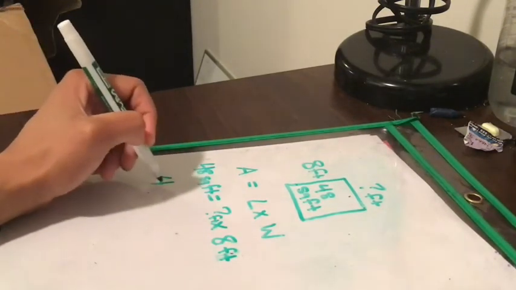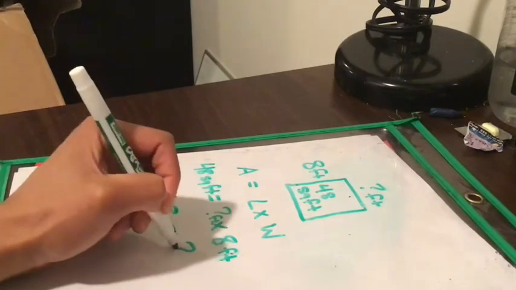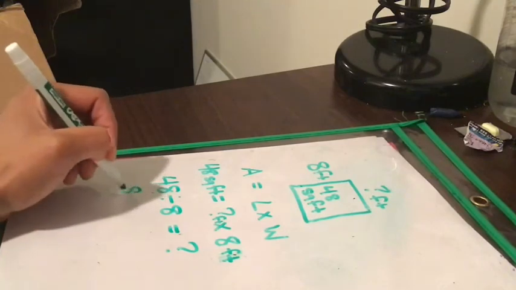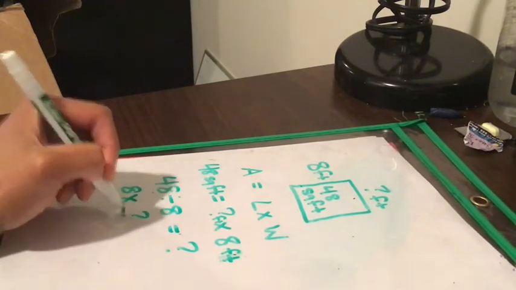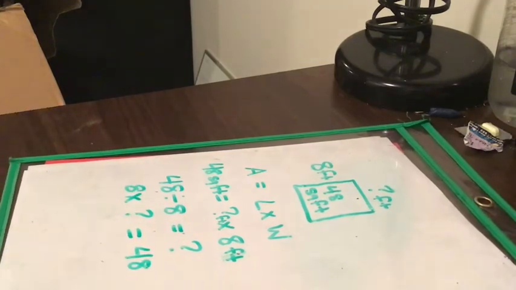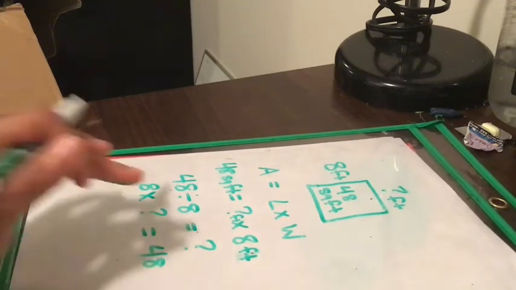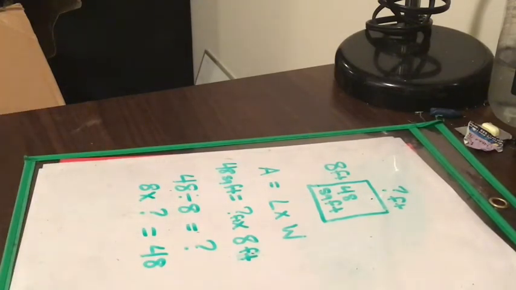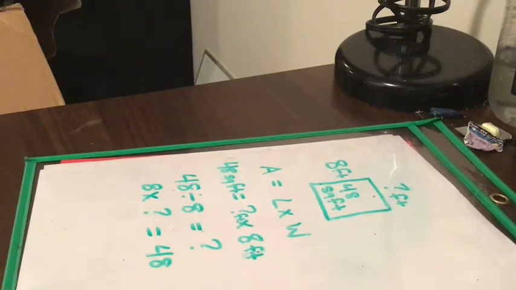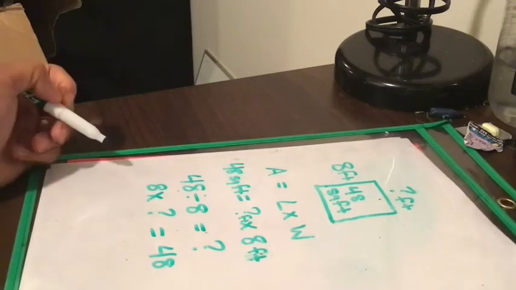So to solve this, I can say 48 divided by 8 is going to equal my length, or I can say that 8 times the length is going to equal 48. So I can think about how many 8s are there in 48 square feet. How many times can I add 8 feet to equal 48 square feet?